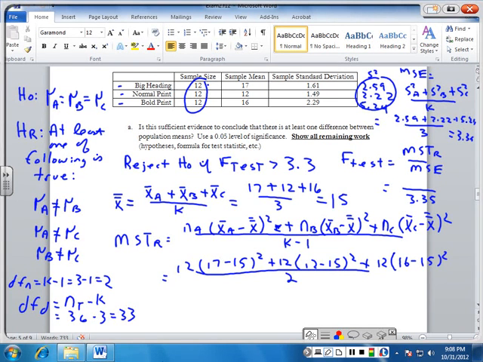And that all comes out to be 84. So 84 divided by 3.35, now I'm back up here. That gives you about 25.07.